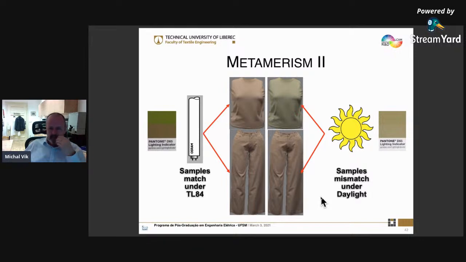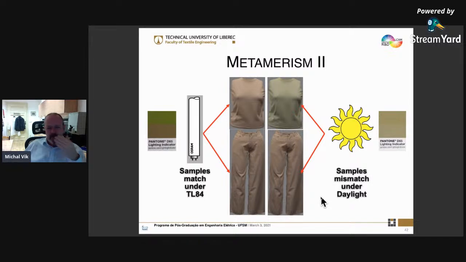If you go into a store, for example Marks and Spencer or Walmart or other stores, you can buy your sweater or trousers, and they typically use tri-band lamps.